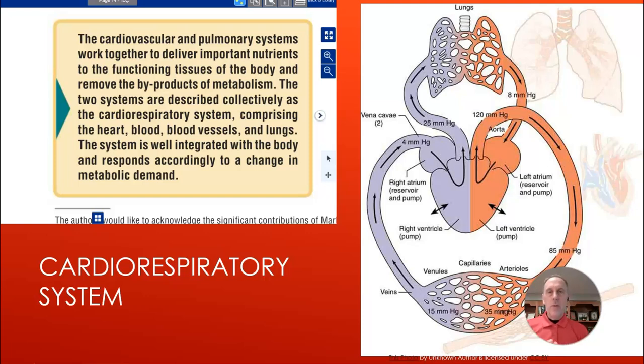And I like this little bullet point the book gives here. It delivers important nutrients to the functioning tissues, but also removes byproducts. I think you need to give this little passage a big embrace because you're going to see it somewhere else for sure.